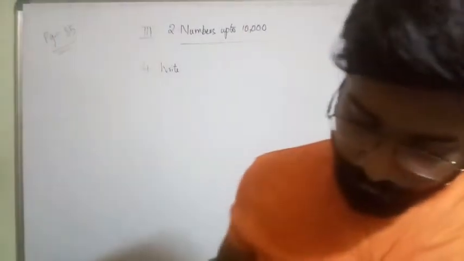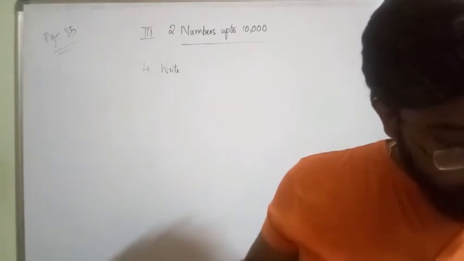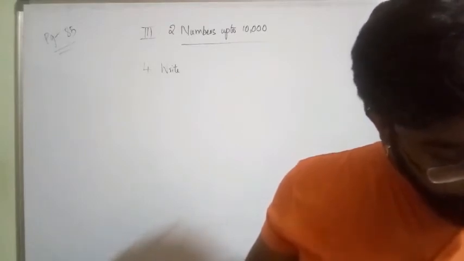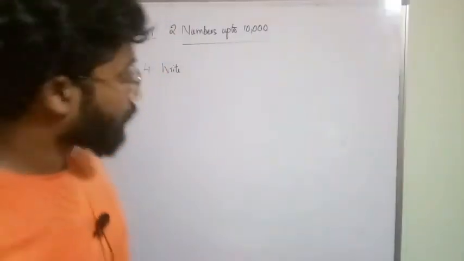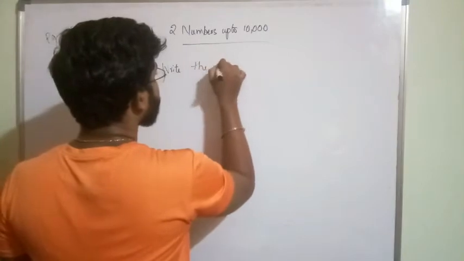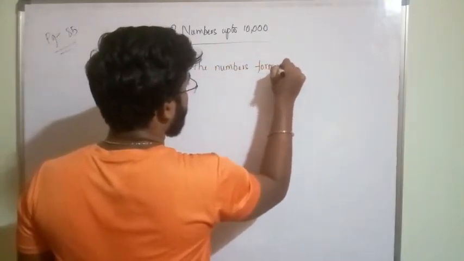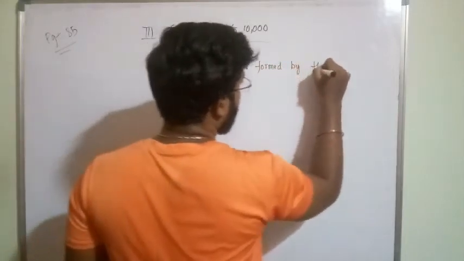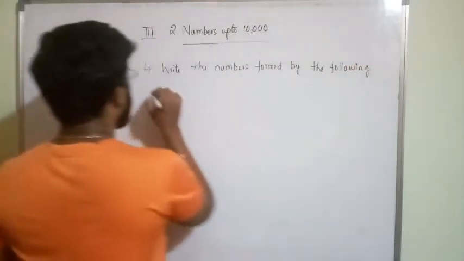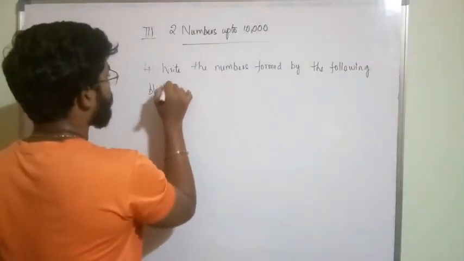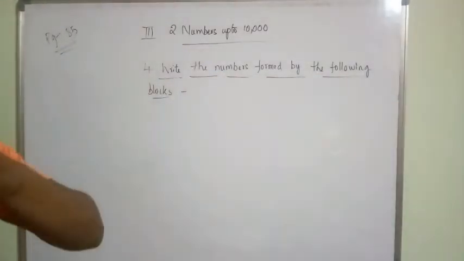Write the numbers formed by the following blocks. Clear?